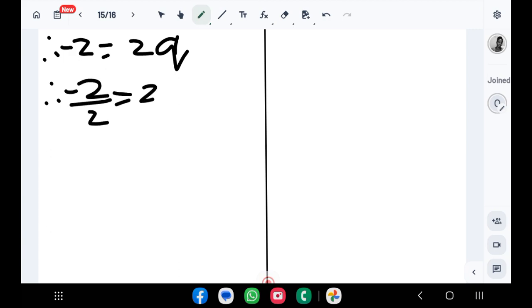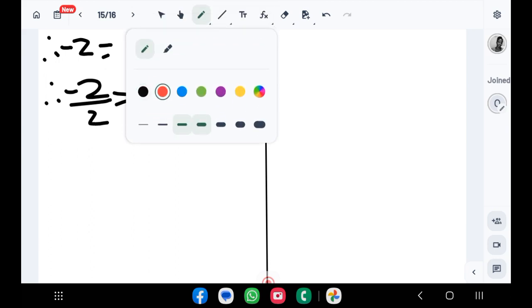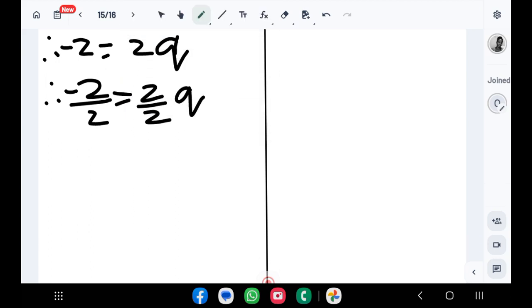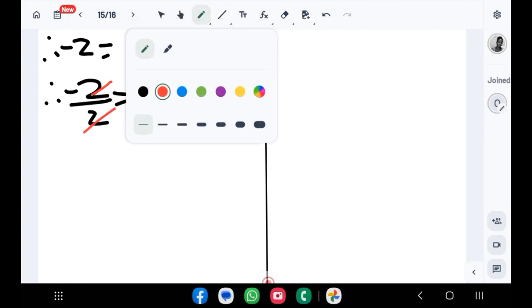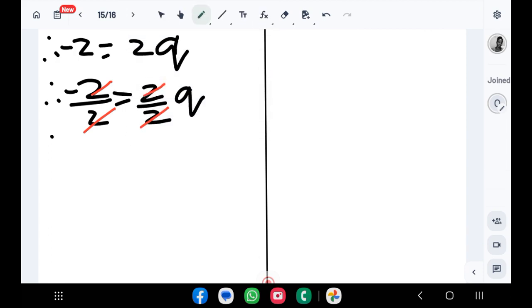The q's cancel out, and on the left hand side we're left with negative 1. Therefore negative 1 equals q, and that is your q. Your q is negative 1.